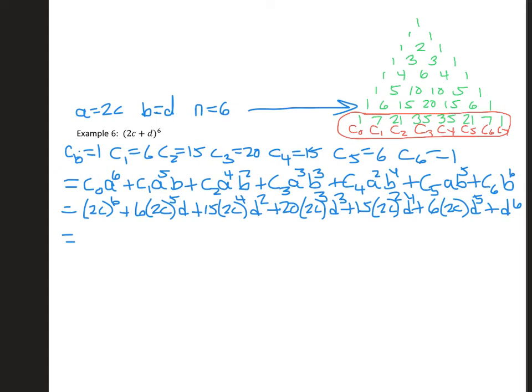So we have to do the exponents before multiplication. 2 raised to the 6th power is 64. 2 raised to the 5th power is 32, and 32 times 6 is 192. 2 raised to the 4th power is 16. 16 times 15 is 240. 2 cubed is 8. 8 times 20 is 160. 2 squared is 4. 4 times 15 is 60.